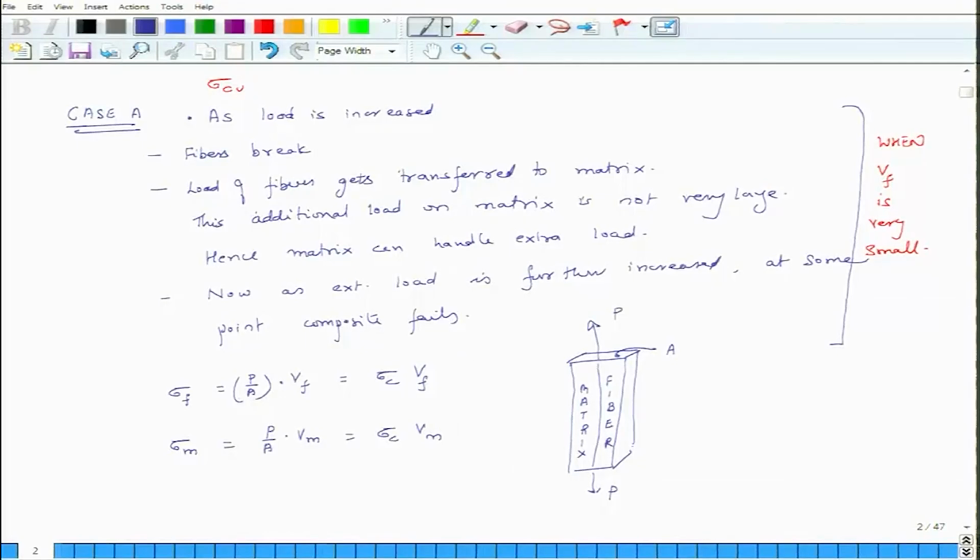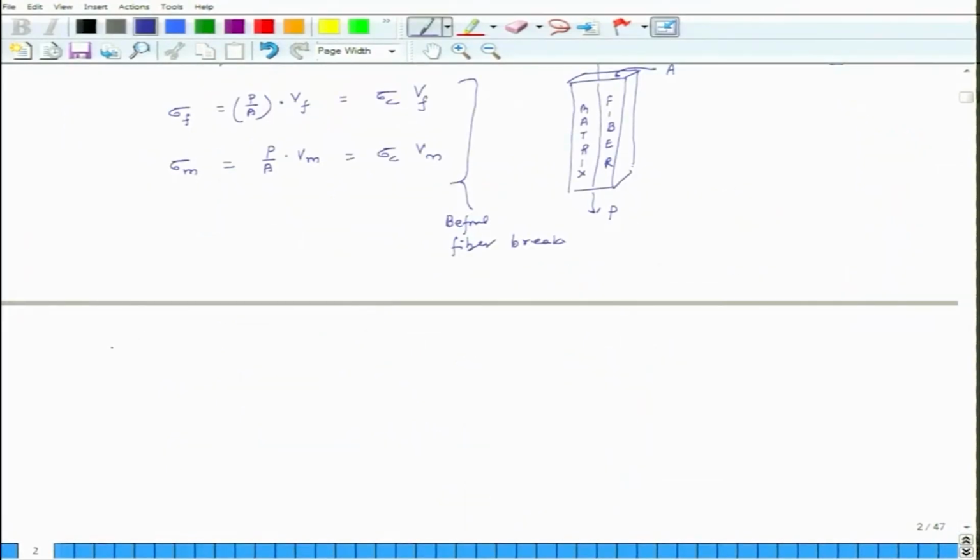Now, these are the relations before the fiber breaks. Once the fiber breaks, what happens?